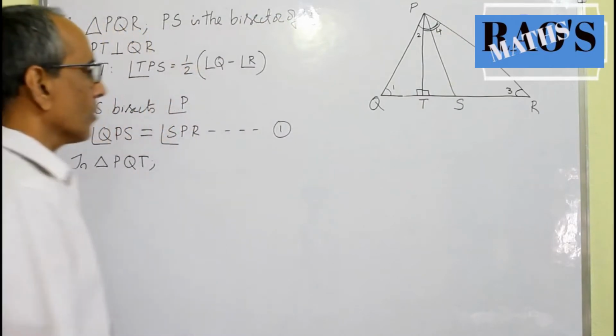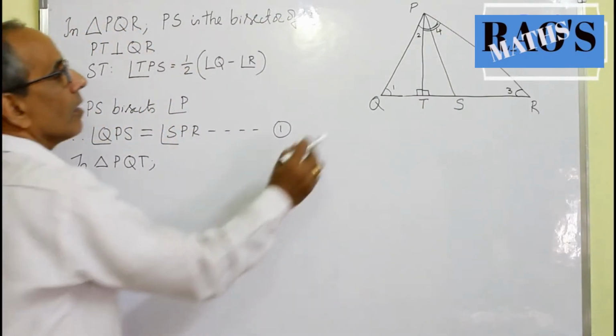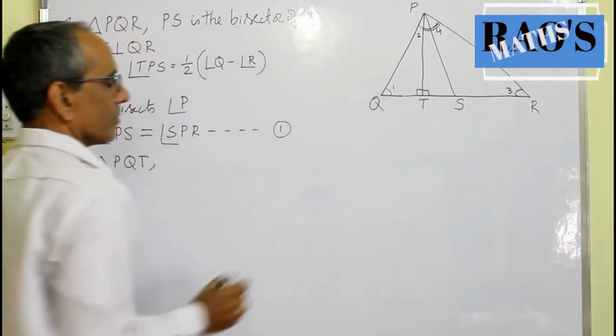Okay. Now in this triangle we have 1, 2 and 90.